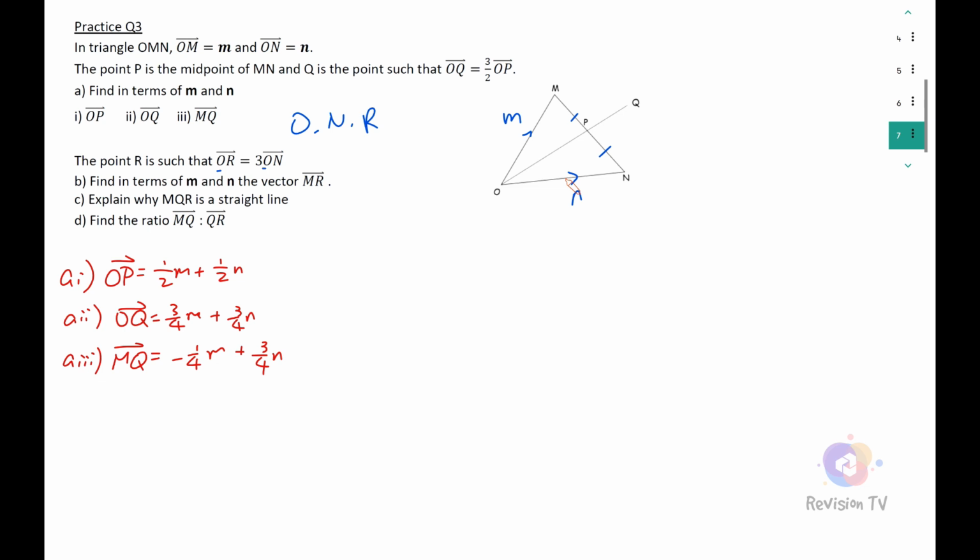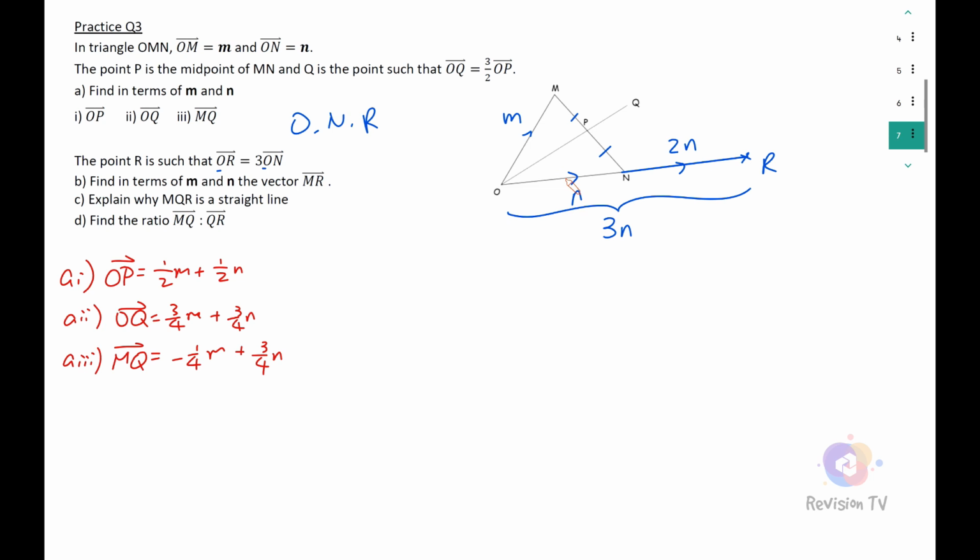So if I put R in here and use a ruler, join them up. What I know is the distance from O to R is 3 lots of distance of ON. That means the distance from O to R is 3N. So in other words, NR is 2N.